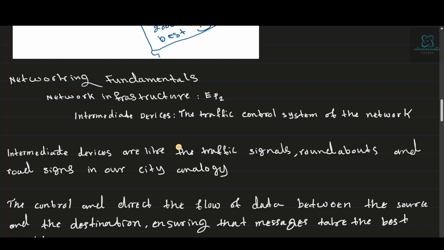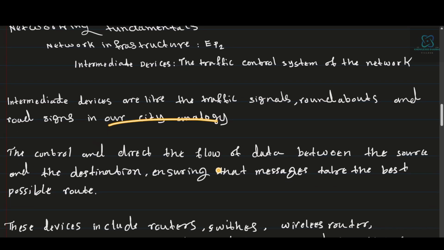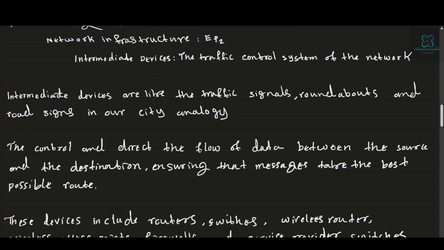Intermediate devices are like traffic signals, roundabouts, and road signs in our city analogy. They control and direct the flow of data between the source and destination, ensuring that messages take the best possible route.